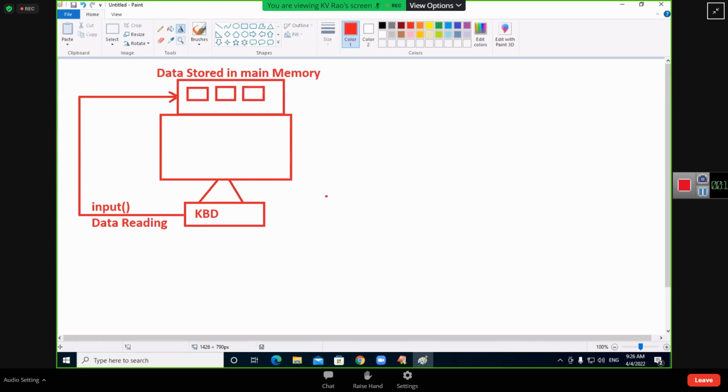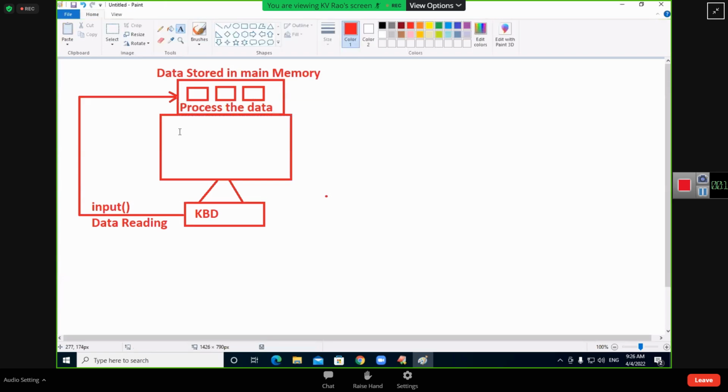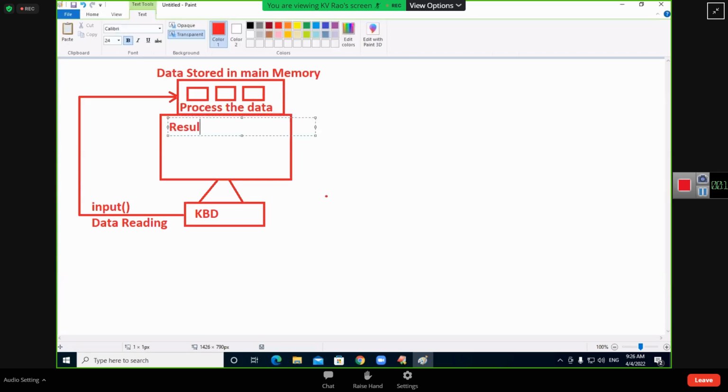We process the data by using our business logic, and the results are shown on the monitor by using the print function.